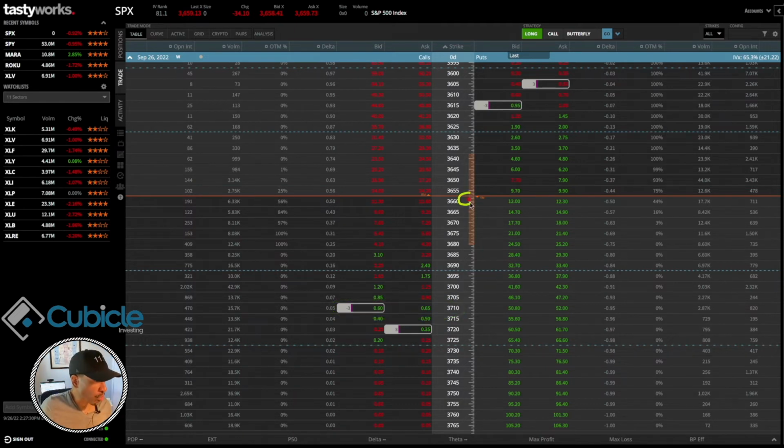As long as this circle, which represents the price of SPX, is in between my strike prices when the market closes on September 26th, which was yesterday, at 4 o'clock, then I'll walk away with the entire credit that I took in, which was $270.